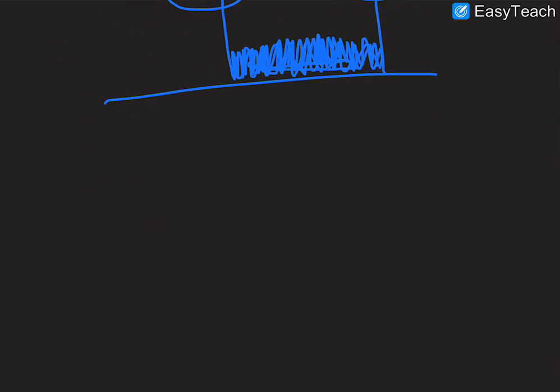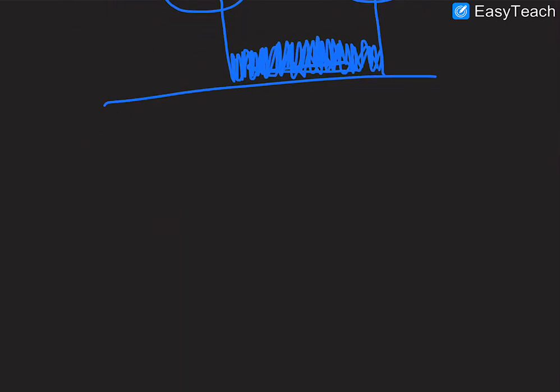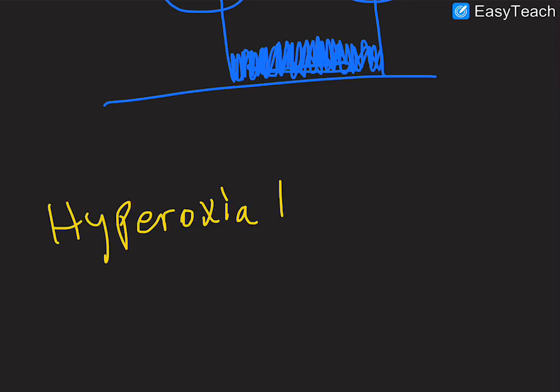If we talk about certain tests, just real quick, before we end this, there's a test called the hyperoxia test. What that test is, if you give 100% oxygen to these babies, the arterial oxygen will not rise much at all. It's going to rise a little bit, but it won't return to normal.